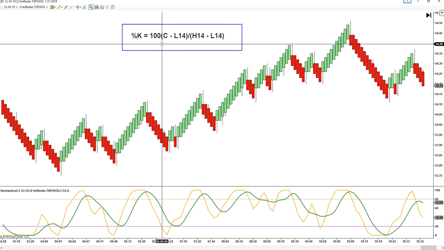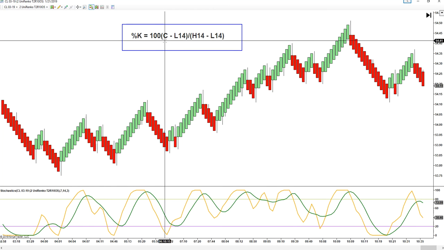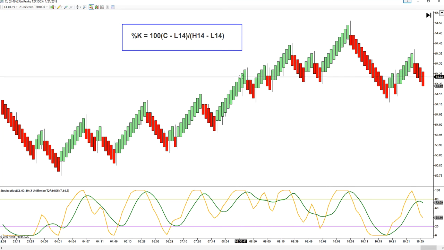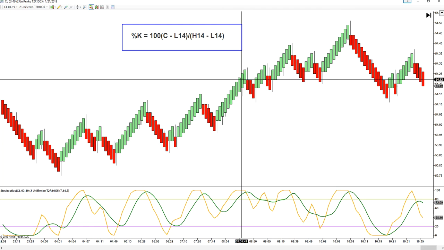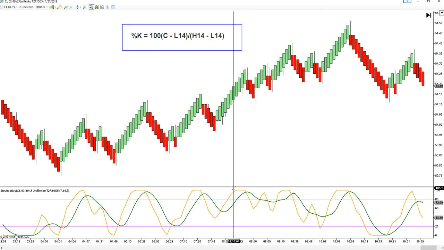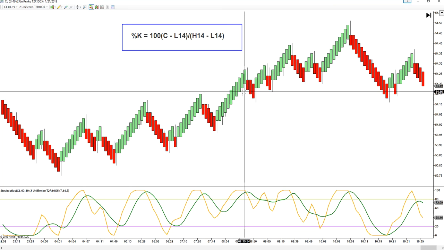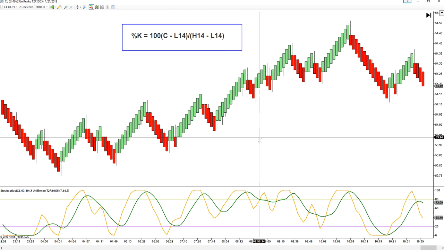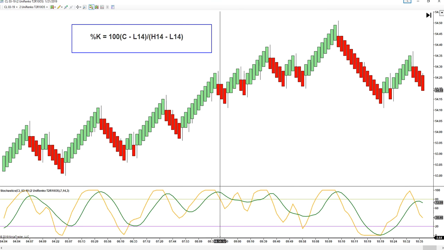The formula compares the close with the low, and the high with the low. So in a long move, as the close approaches the high, the line continues to move up. Momentum is pushing price higher, and the close is approaching the high. And it's easy to demonstrate right here.